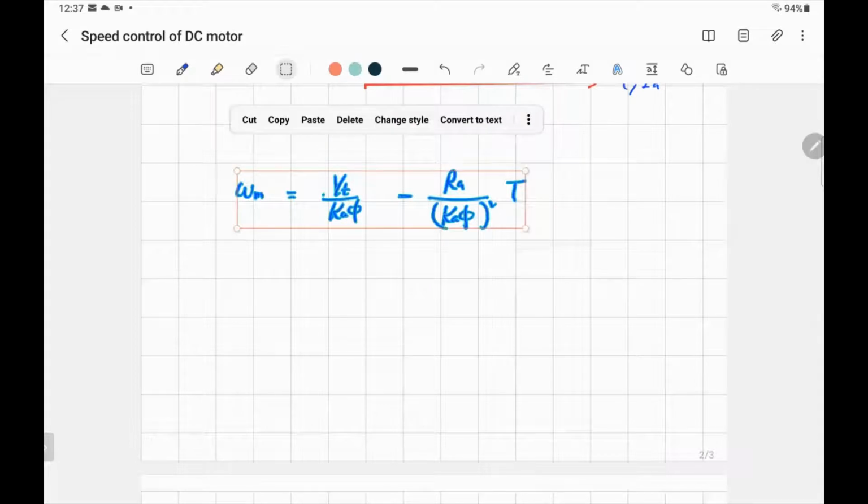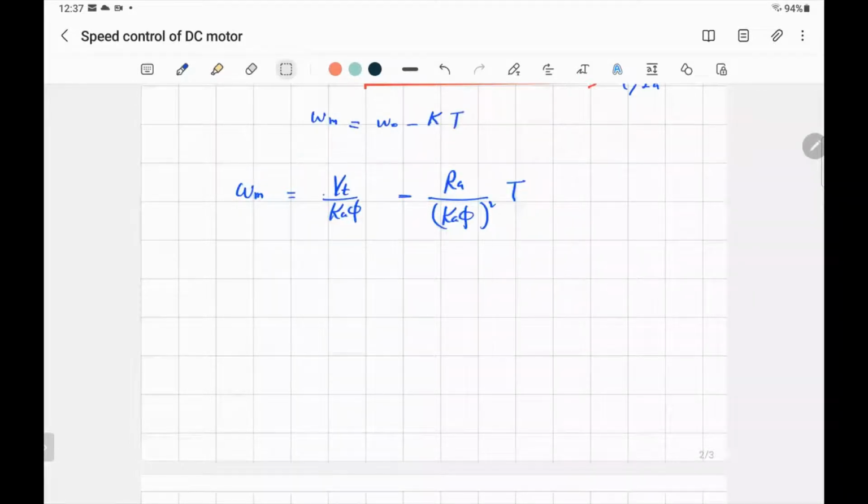Last time we were studying the characteristic of the DC motor, the change of the speed with torque, so we said we are going to fix the terminal voltage. Now I want to control the speed. I want to change it. So I'm going to change the terminal voltage Vt. So now I can write the equation this way.